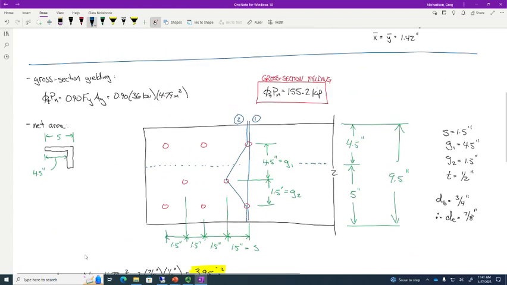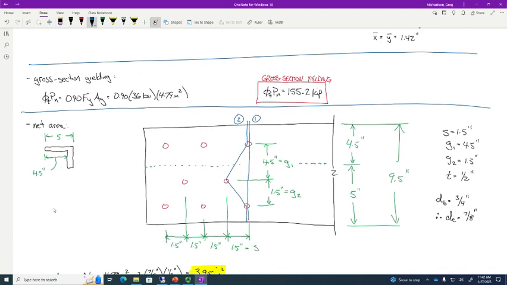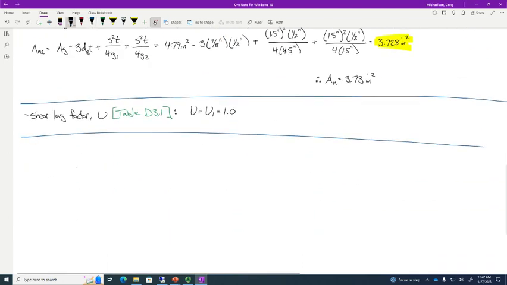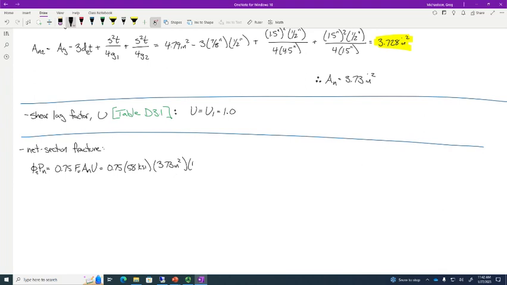So what I'll do is I'll separate that one too so that you see what we did. So now we're able to do net section fracture. Okay, and for net section fracture, the limit state is phi Pn is 0.75 Fu Anu, which is 0.75 times 58 ksi times 3.73, and then a shear lag factor of 1.